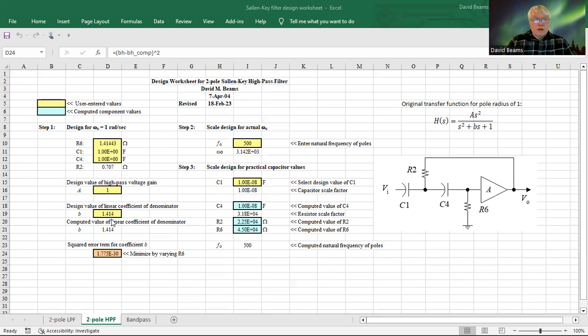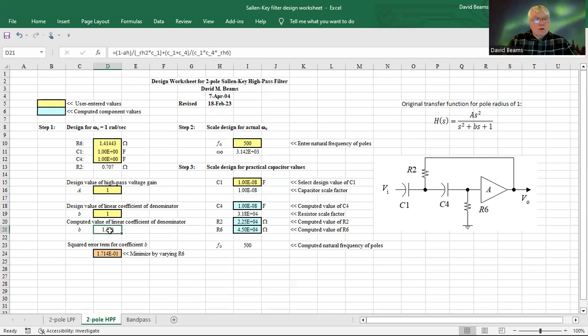And this is the coefficient of S in the second order denominator. With the component values, you see here it's 1.414, but we know from that third order polynomial that the coefficient we want, the design value, is 1. Let's change that.